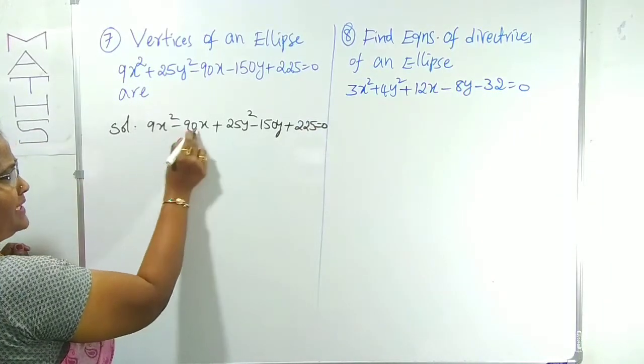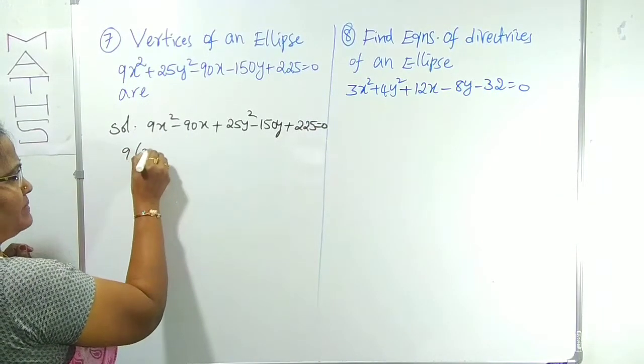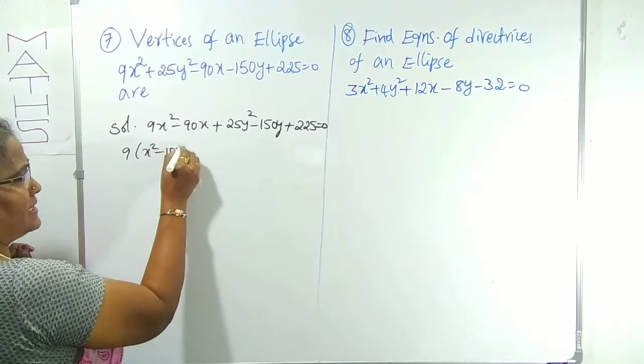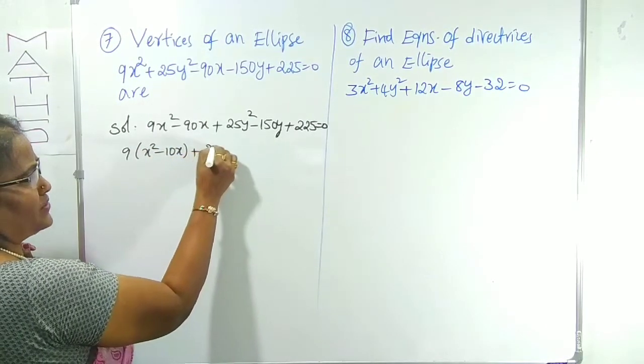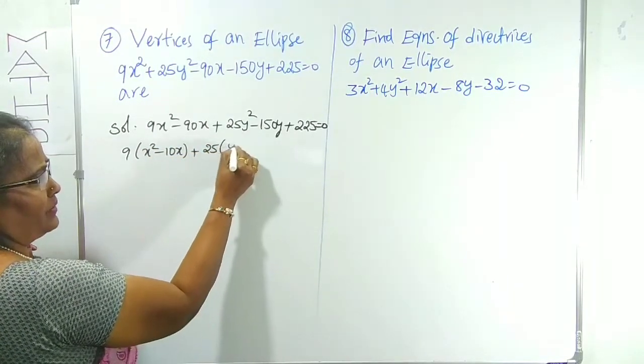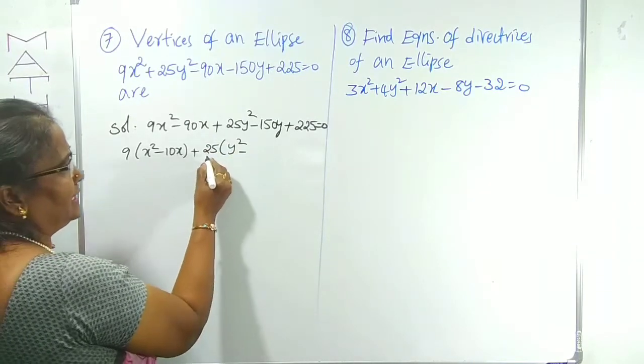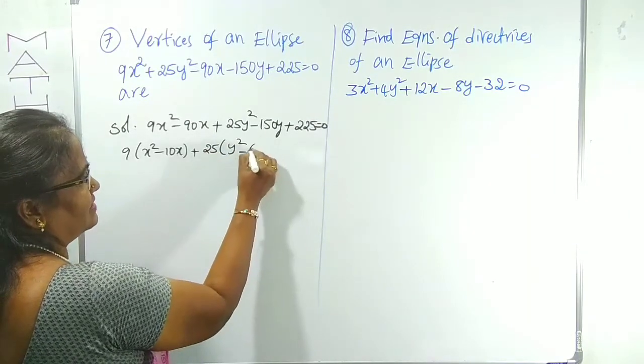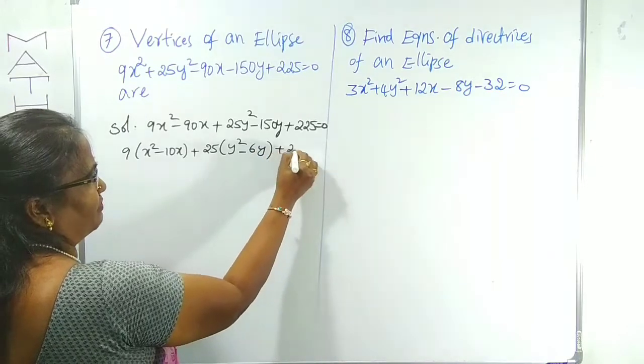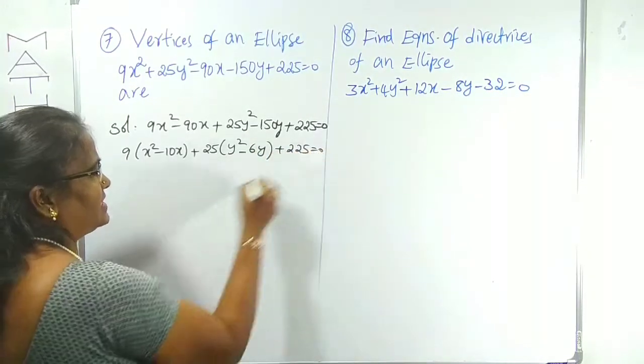We can take 9 common from the first two: it becomes x square minus 10x. From the other two take 25 common: y square minus 6y, plus 225 is equal to 0, right?